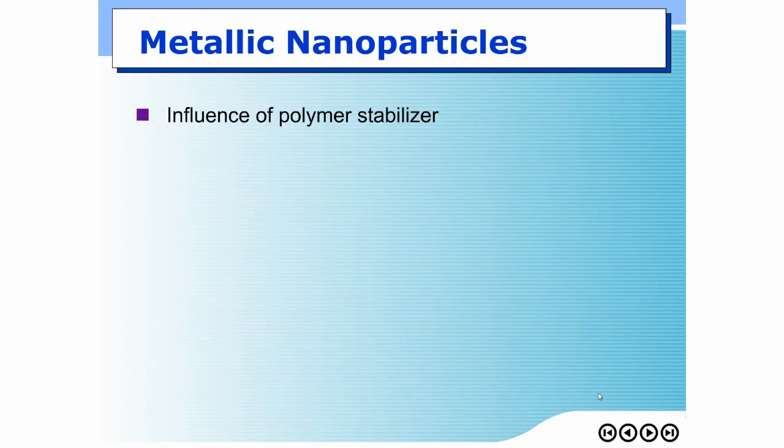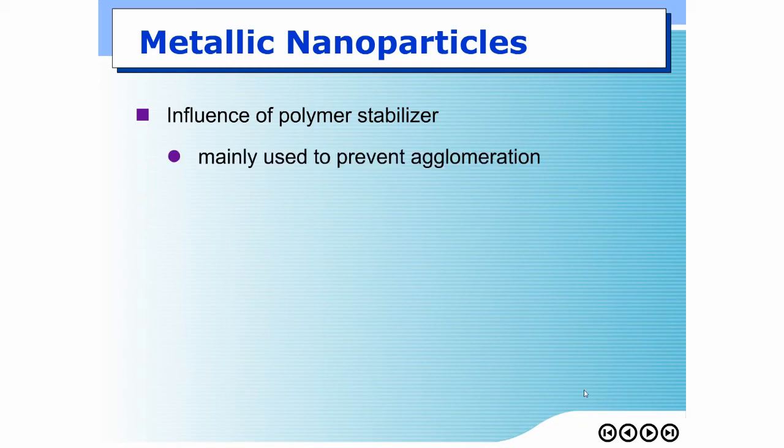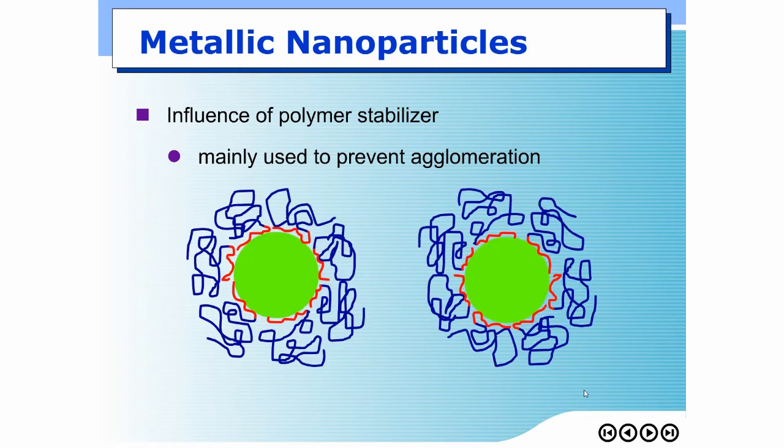For stabilization, if you choose to use steric stabilization, it can be used not only for prevention of agglomeration, like this picture. The green area is the nuclei or the particles formed by reaction. The messy line here is the polymer.